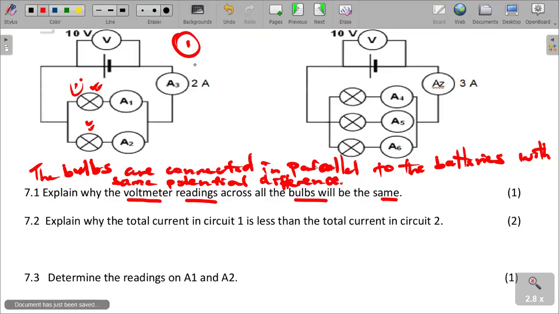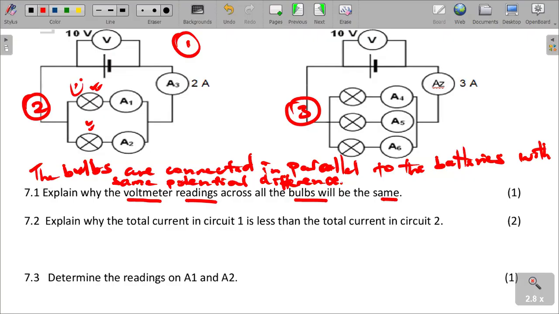As you can see, the bulbs that are connected in parallel in circuit 1, we only have two. Here we have got three bulbs, and on circuit 2 there are three. So circuit 1 has less bulbs connected in parallel.